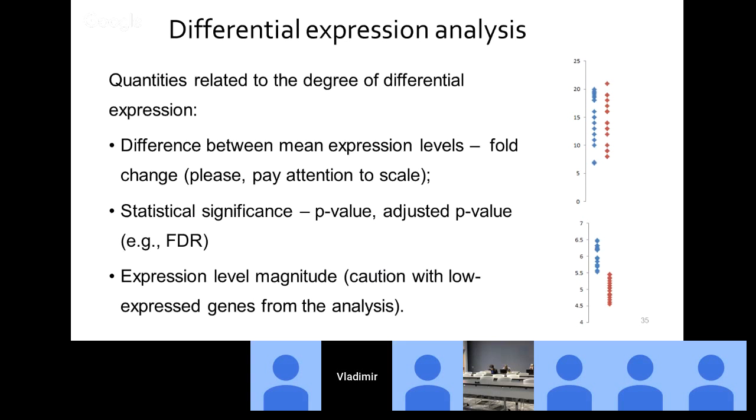So false discovery rate of 5%, 0.05, means that if we take all the genes, all the hypotheses, with values lower than 0.05, then only about 5% of genes in this list would be false discoveries. So there would be some false discoveries here, but the majority of discoveries will be correct.